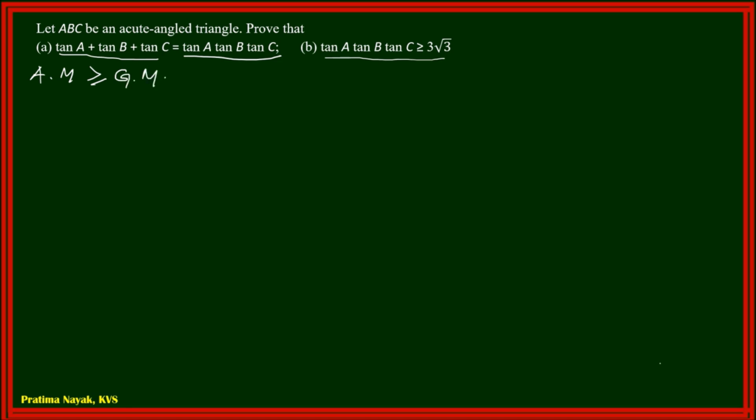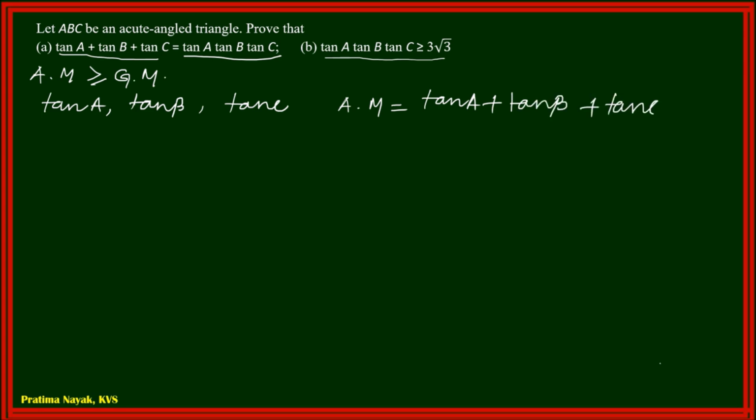So here I am taking three numbers: tan A, tan B, and tan C. Their arithmetic mean will be tan A plus tan B plus tan C divided by 3.